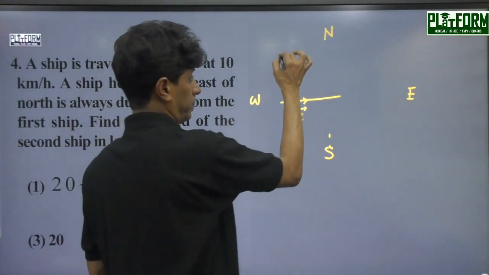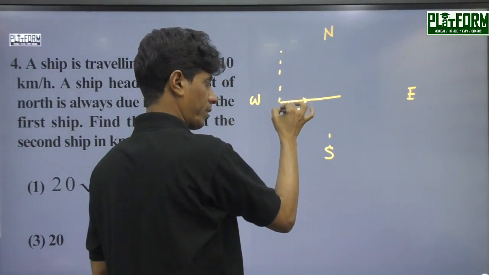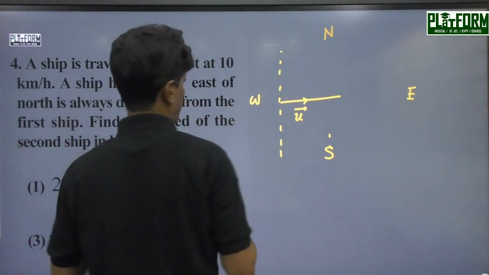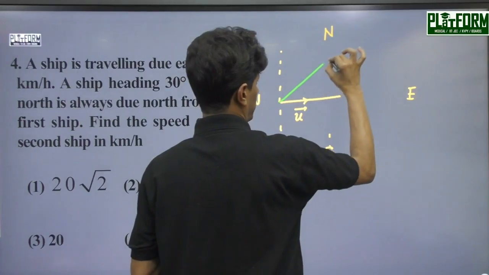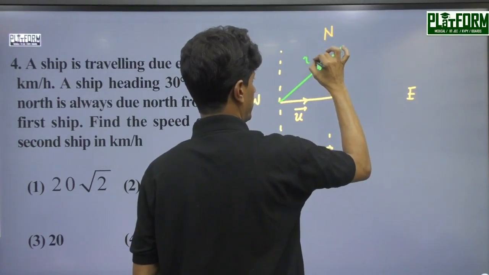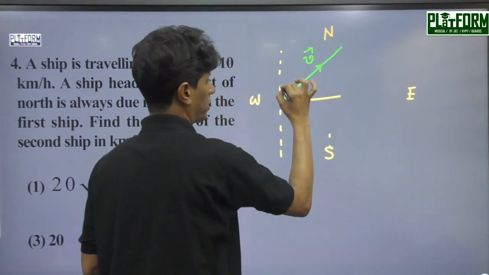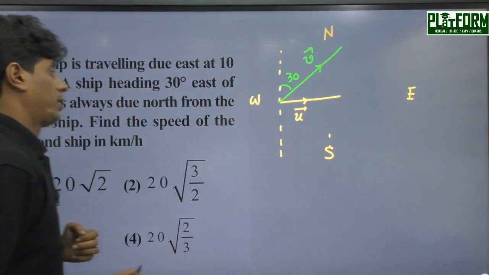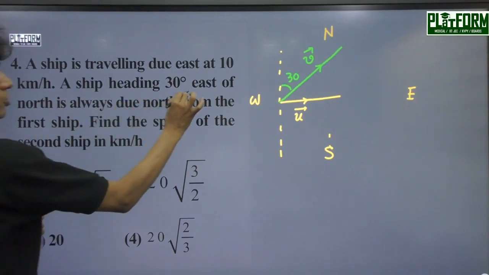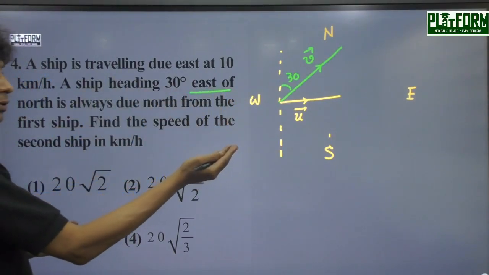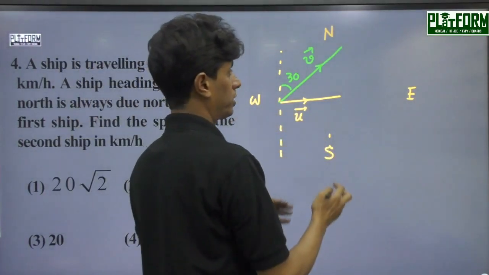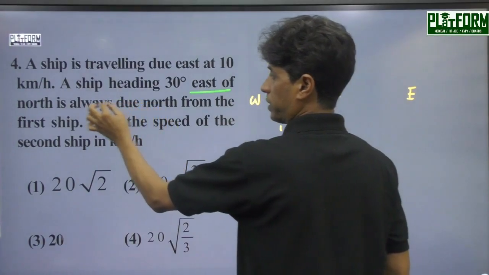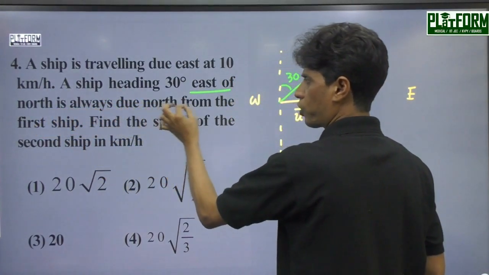Another ship is moving with velocity v at an angle 30 degree, that is, east of north, at 30 degree with the north, and always due north. A ship heading north is always due north from the first ship.